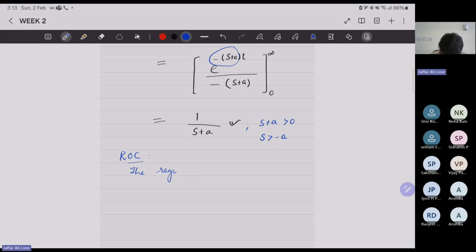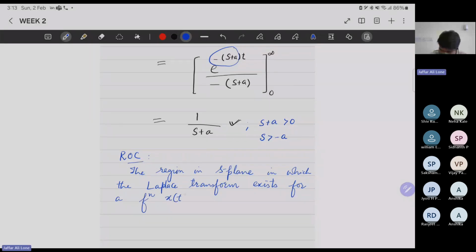It is the region in the S-plane in which the Laplace transform exists for a function x(t). So the region in the S-plane in which the Laplace transform exists for the function is called the region of convergence.